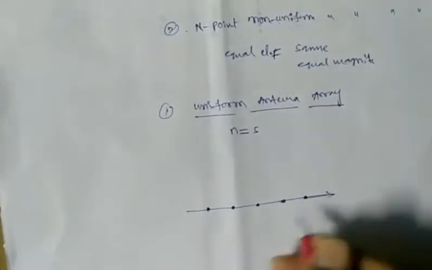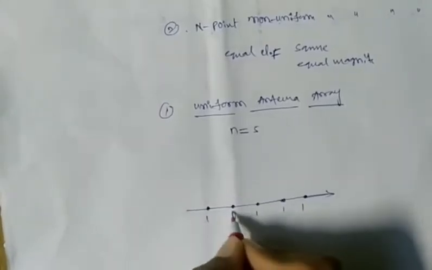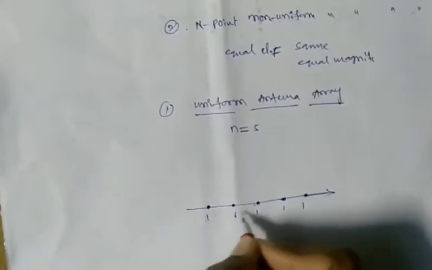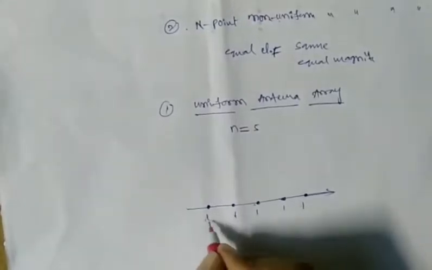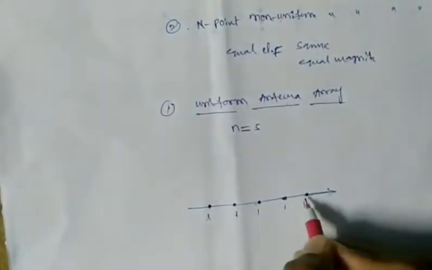All of these have a magnitude of 1. This element's magnitude is 1, this element's magnitude is 1, and so on. All elements have magnitude 1 here, means all have equal magnitudes. Why? Because this is the uniform antenna array, so all carry equal currents and produce the same electric field.